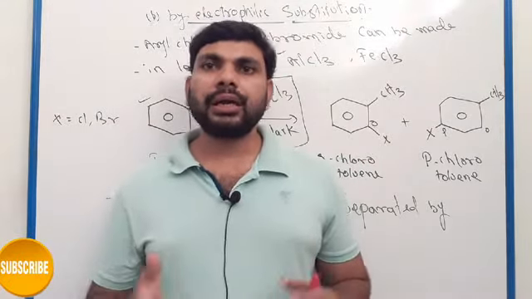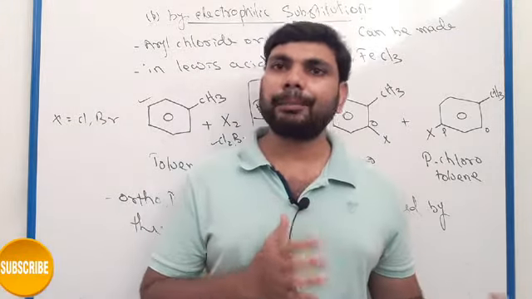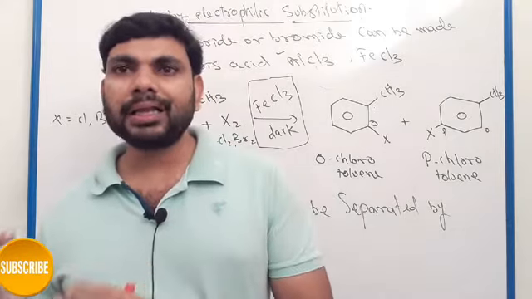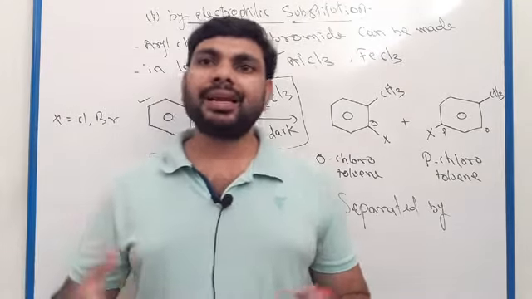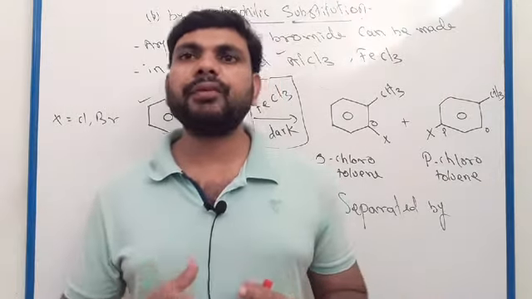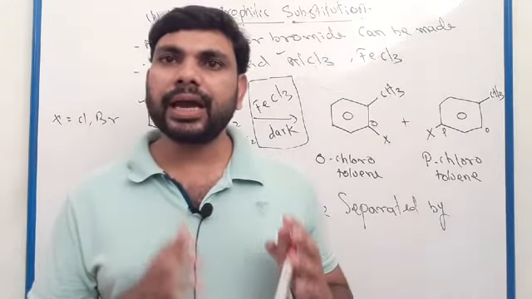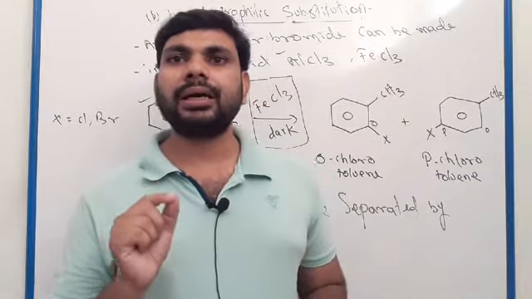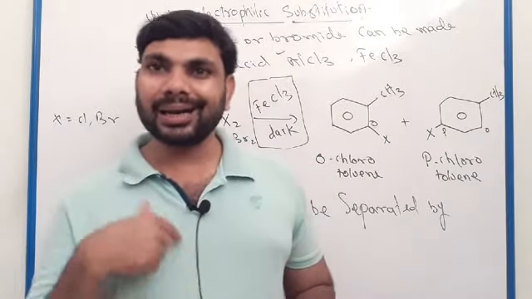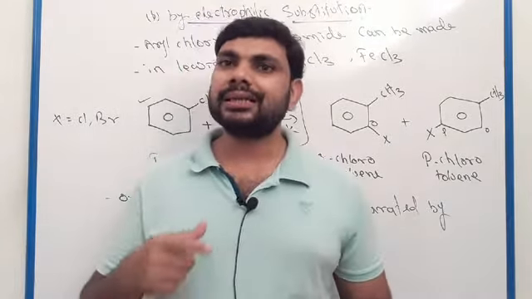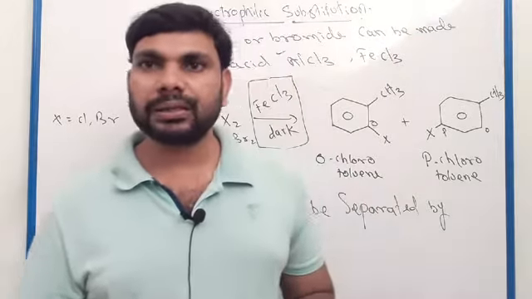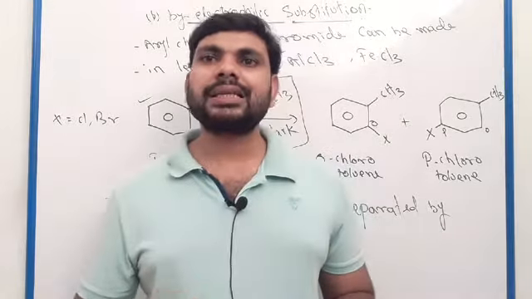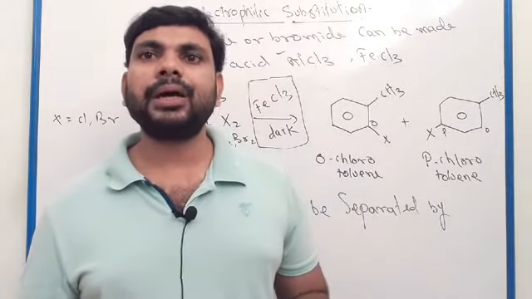So here a mixture of ortho and para products formed. These products have different melting points, and based on their large difference in melting point, we can separate them. And the reaction condition for this is Lewis acid. If you want to get aryl chloride, Lewis acid AlCl3 or FeCl3. Or if you want to get aryl bromide, Lewis acid FeBr3 or AlBr3.